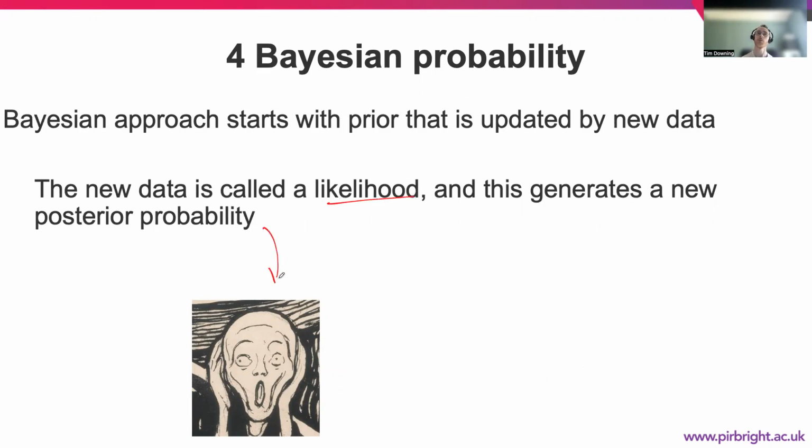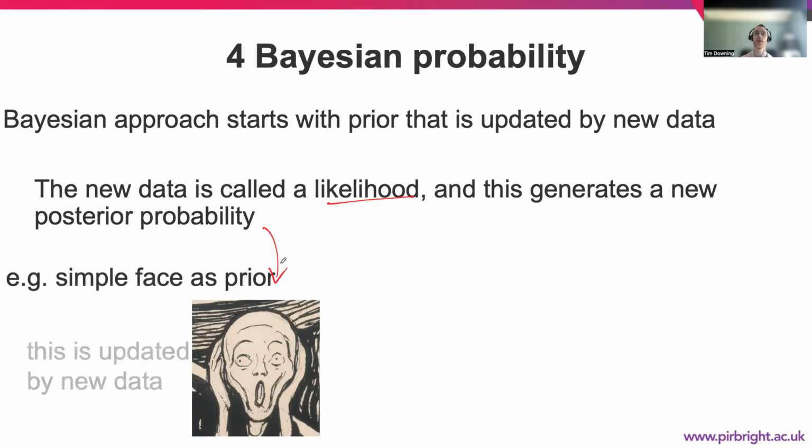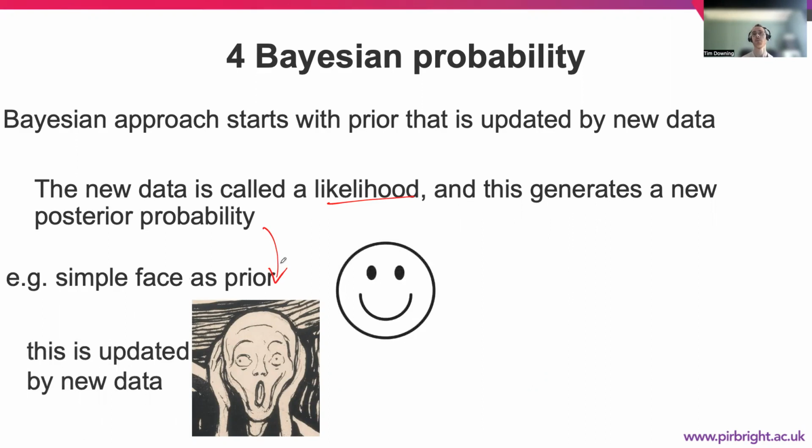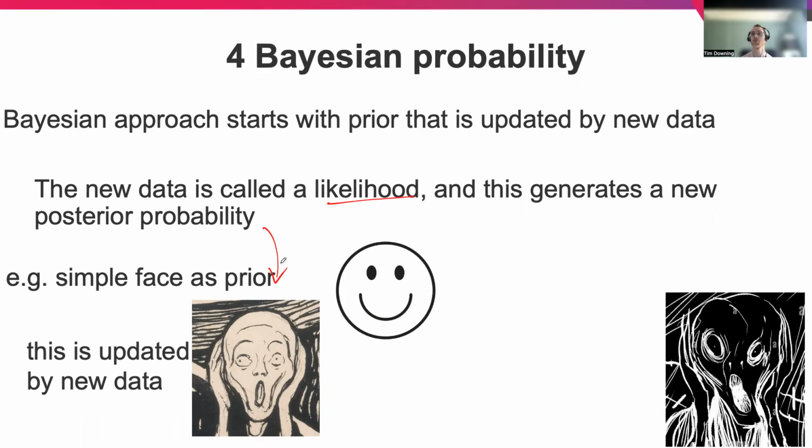So our likelihood could be something like this image, and our prior might be something like this, a smiley face. And therefore we combine the prior and the likelihood to form some sort of posterior probability that combines our probabilities. Once we get new data, we can iteratively improve that as we go along.